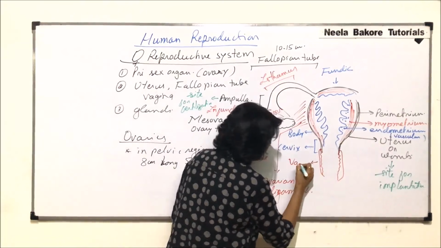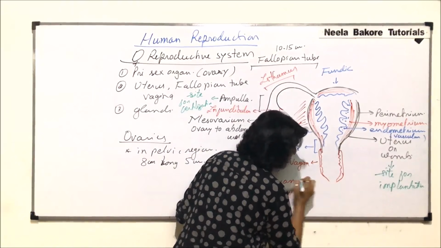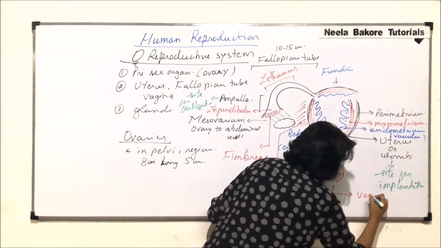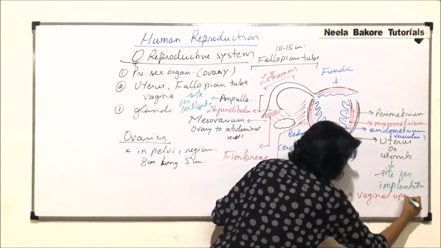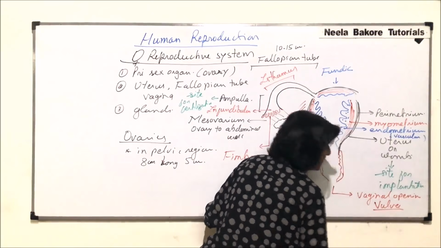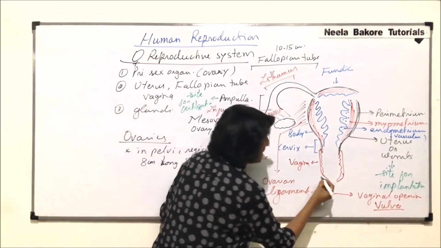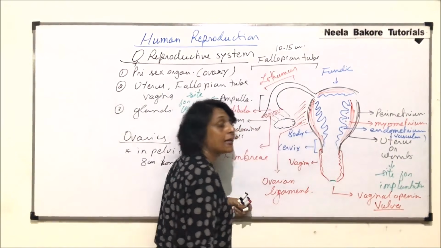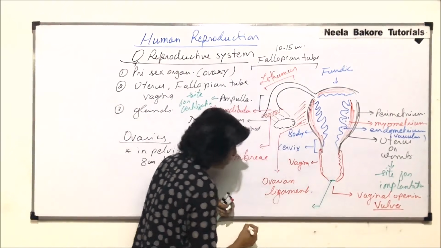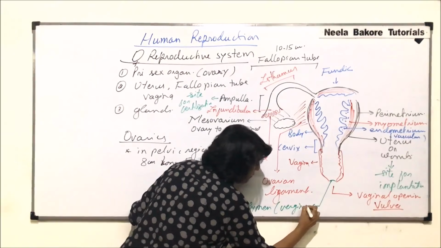So this part is vagina, and vagina opens out with the help of an opening which is known as vaginal opening, or it is also known as vulva. This opening has a thin membranous structure in case of virgin females. This membranous structure is known as hymen.